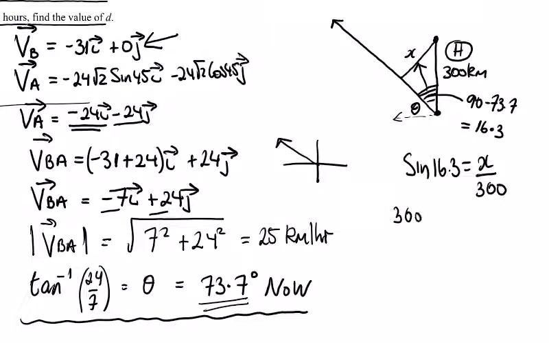So 300 sine 16.3 is that shortest distance between them. They haven't asked us that, but we do need to get it to work our way around to finding the distance we're looking for. That works out to be 83.999, so we'll call that 84 kilometers.